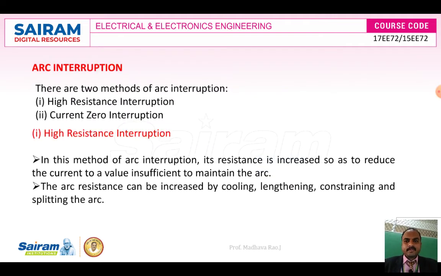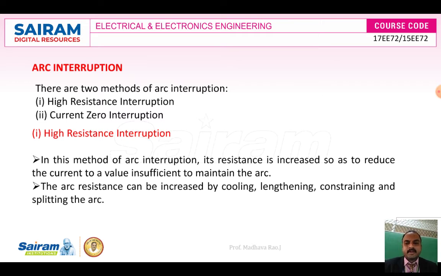Next, arc interruption. This is one of the important topics in your module 4. There are two types of arc interruption: one is high resistance interruption, the other is current zero interruption. The main aim here is how we are going to interrupt the arc. The first method is high resistance interruption, which means increasing the resistance.